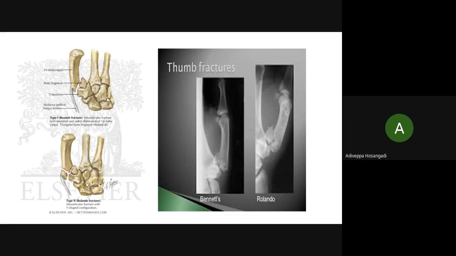See here, in Bennett's there is a fracture. This part stays as it is, but the entire thumb with the diaphysis is pulled backwards, pulled proximally. That is Bennett's. Look at Rolando's. This is a Y-shaped fracture, but there is no displacement of the diaphysis or the metacarpal, no proximal migration of the first metacarpal bone.